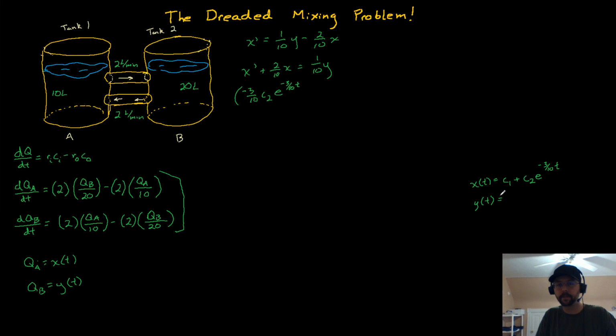It should be right, yeah. Plus 2 over 10 times c1 plus c2 e to the negative 3 over 10 t equals 1 over 10 y.